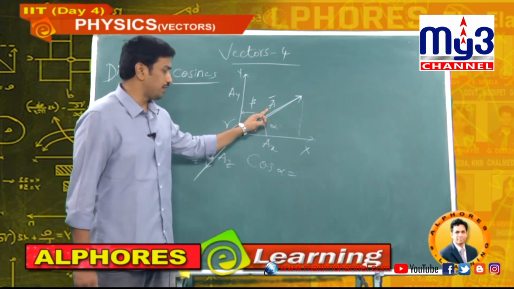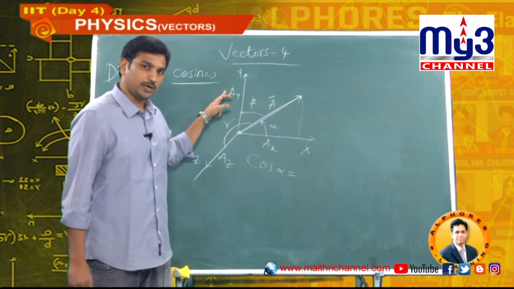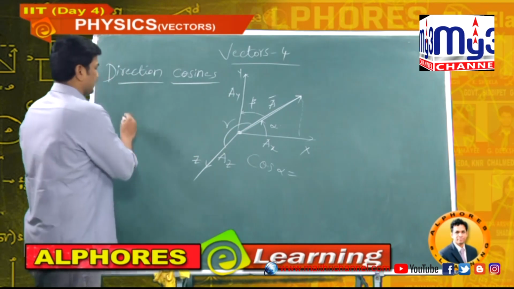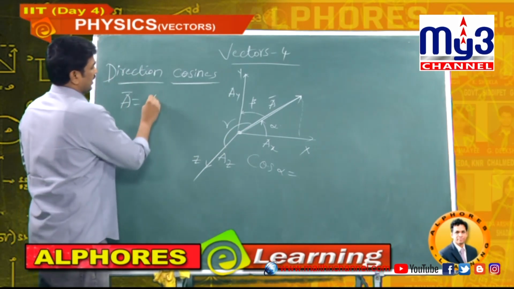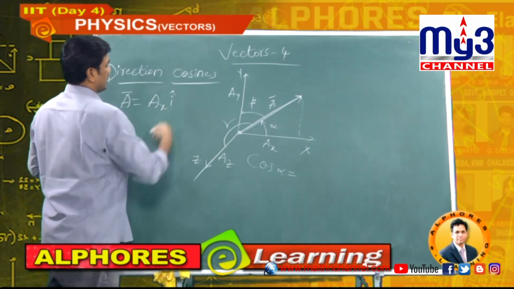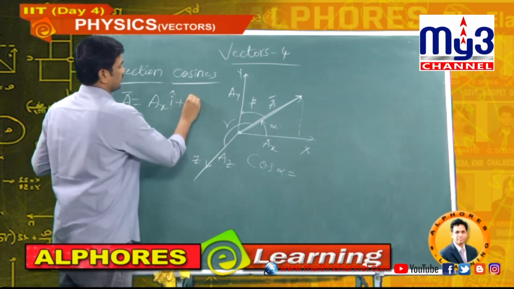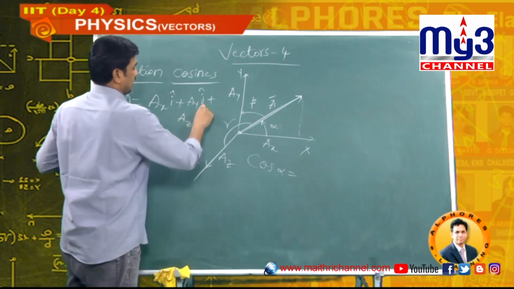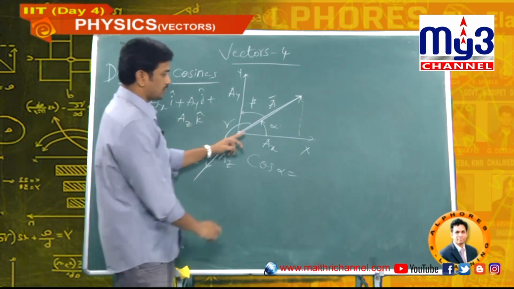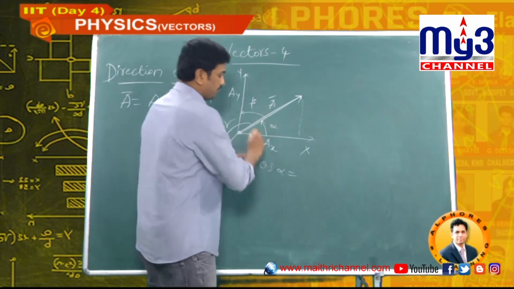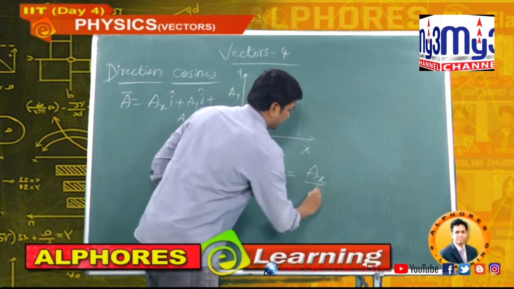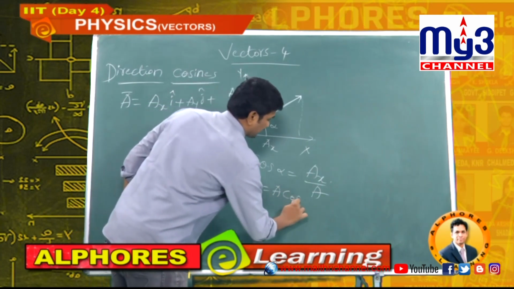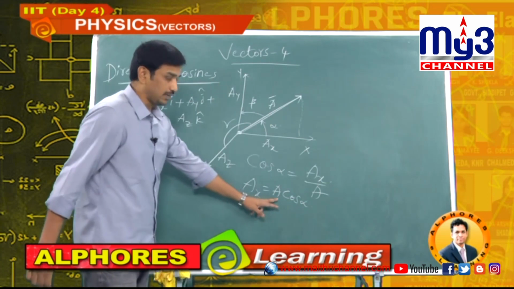So a bar is equal to ax i cap plus ay j cap plus az k cap. Now cos alpha is adjacent side by hypotenuse, ax by a. So ax is a cos alpha.